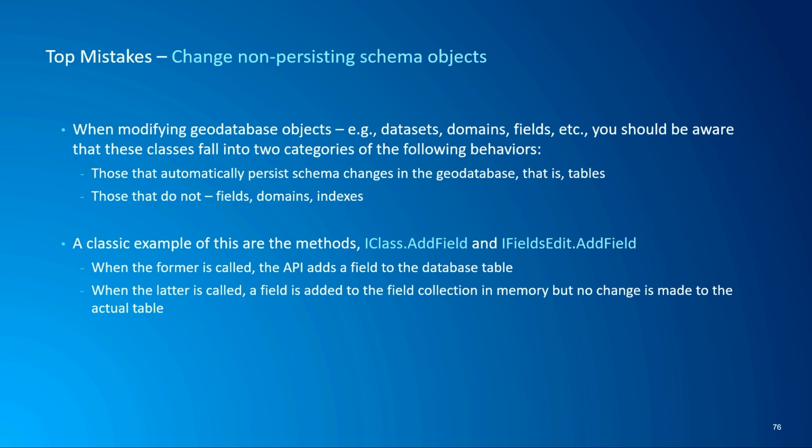One example of this is that you could change a field set for a feature class in memory using that add field that I just showed you previously, but those are not actually persistent until you call the proper API, for instance, IClass AddField or IFieldsEdit AddField. And this will make sure that those things that you modified in memory get persisted in the Geodatabase and are seen the next time you open the class.